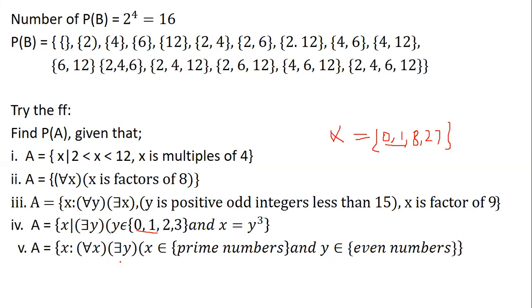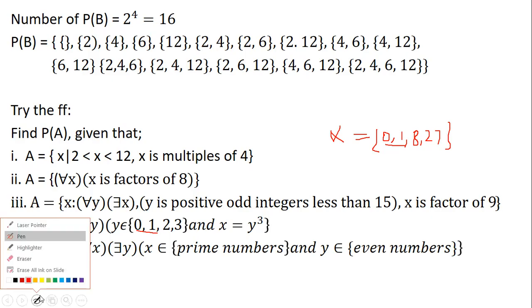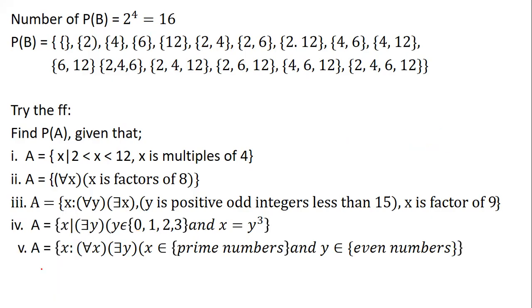Then the fifth one, you can just do it. For all X, there is Y. Now X belongs to the set of prime numbers, and Y belongs to even numbers. So what is A now? The bigger set is X. So for all prime numbers, there exists some even numbers, or at least an even number.